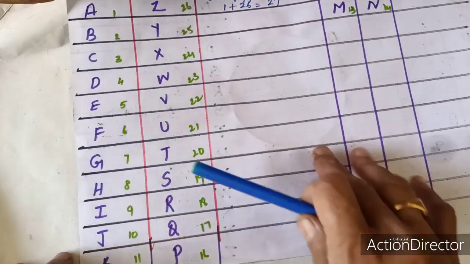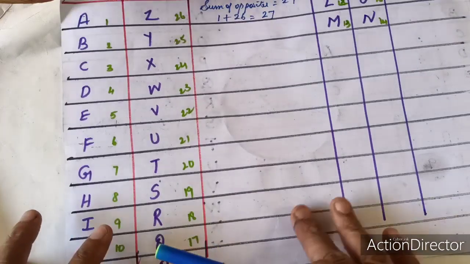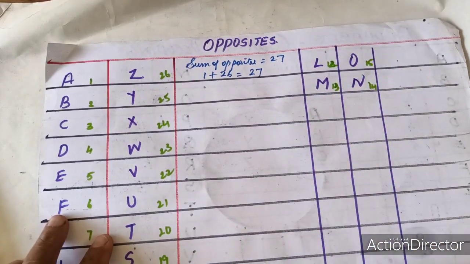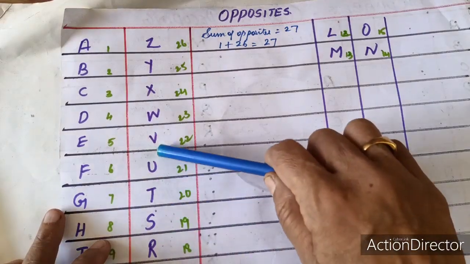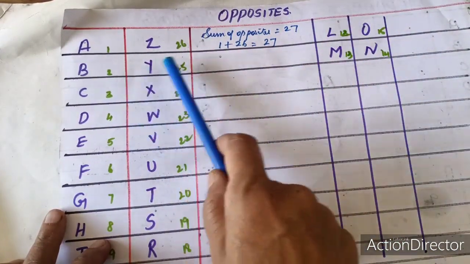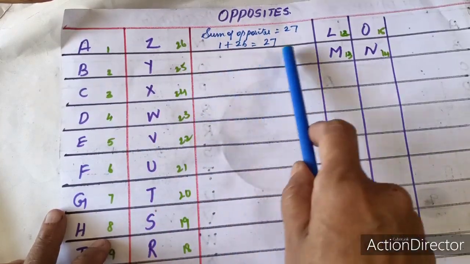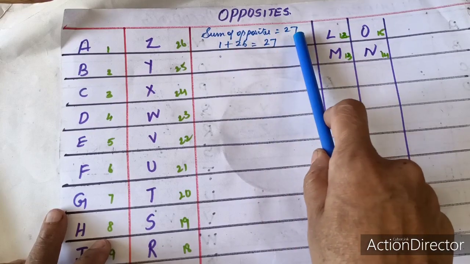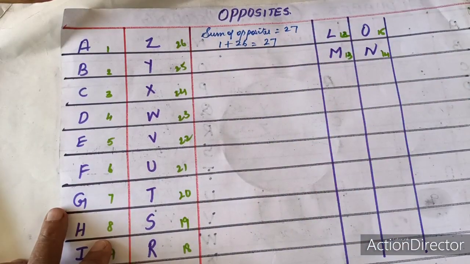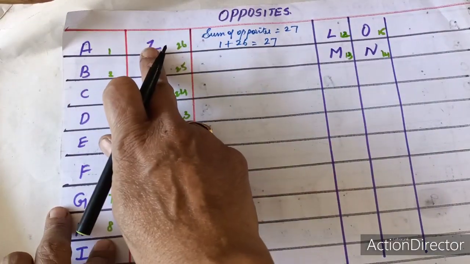So after A to M, you write it over here, and in reverse order you write N, O, P, Q, R, S, T, U, V, W, X, Y, Z. If you write it in reverse order, you will get the opposites. Each number, if you add, is the sum of opposites, which is equal to 27.